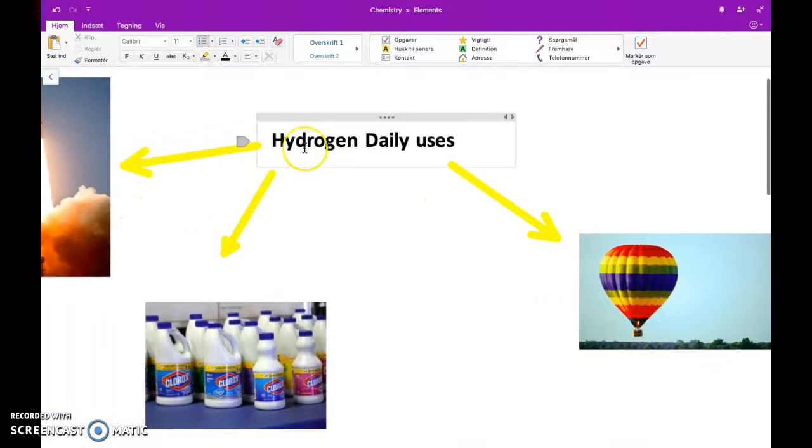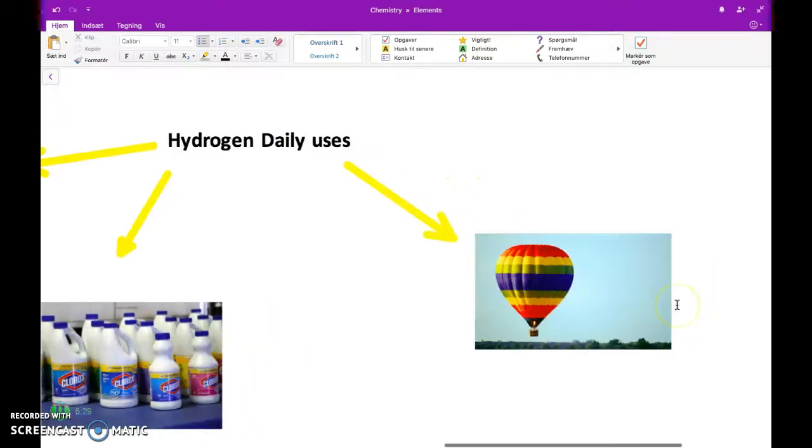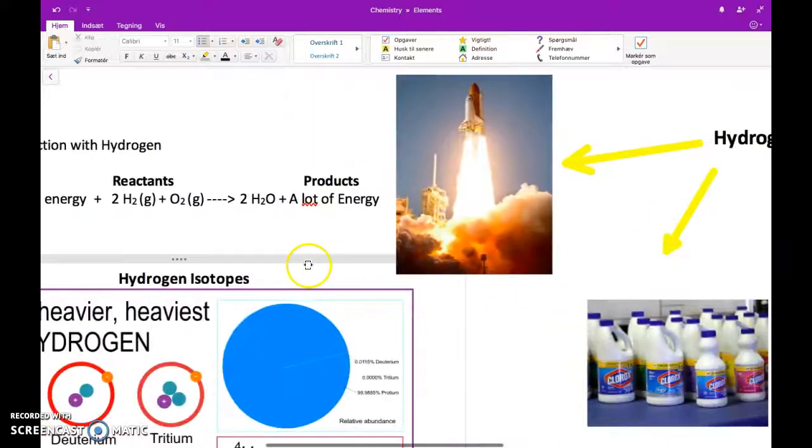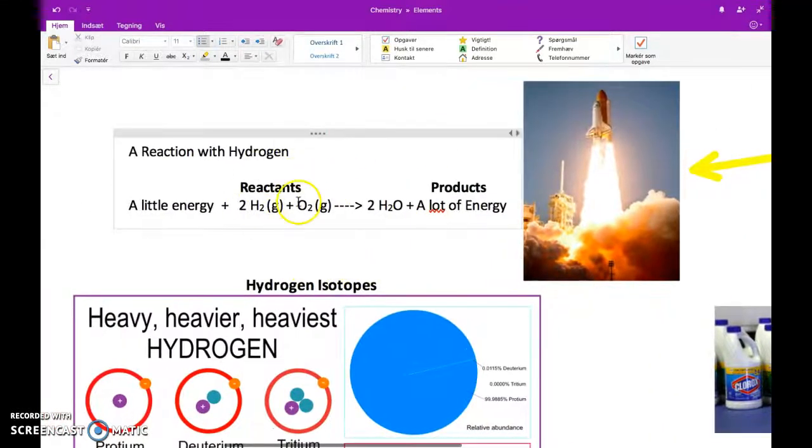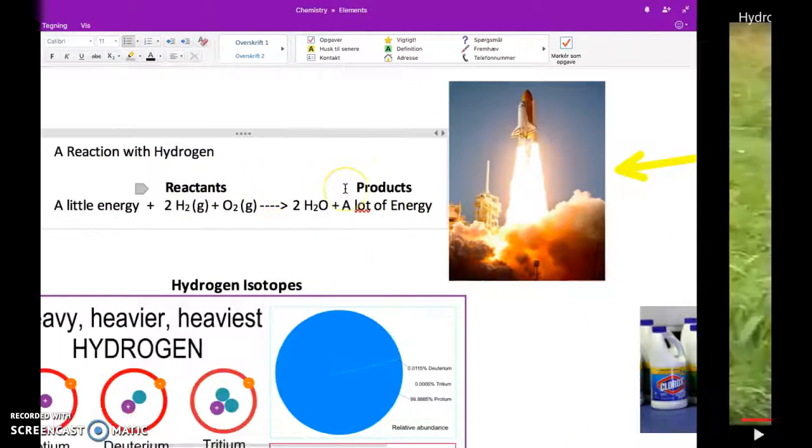And hydrogen, since it's the lightest of all elements, is very useful, except that we now know that it's very highly flammable, that it explodes easily in contact with fire. And well, you need fire to make the air hotter so it rises. So yeah, we don't use hydrogen that much, but you can use it since it's lighter than the atmosphere of the Earth. And now I would like to show you a video which shows this reaction right over here.